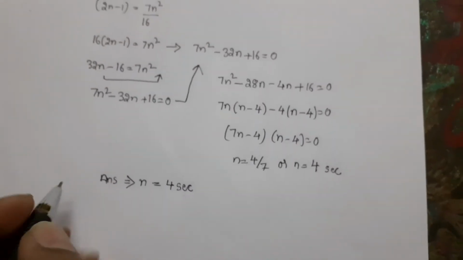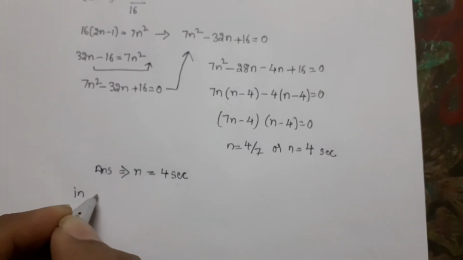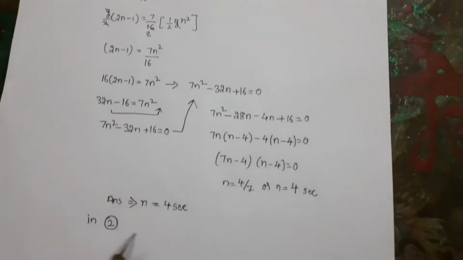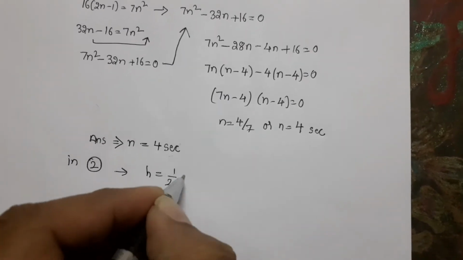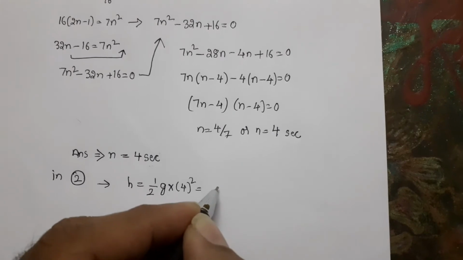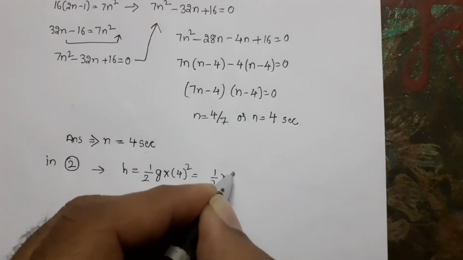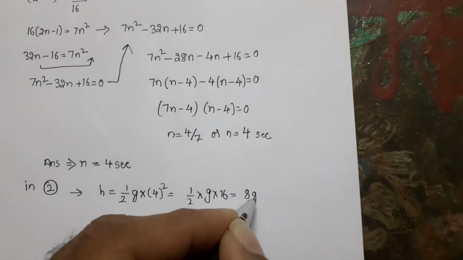Right. So if you substitute the value of n in 2, we get h is equal to 1 by 2 of g into 4 whole square, which is nothing but 1 by 2 of g into 16, which is nothing but 8 into g.